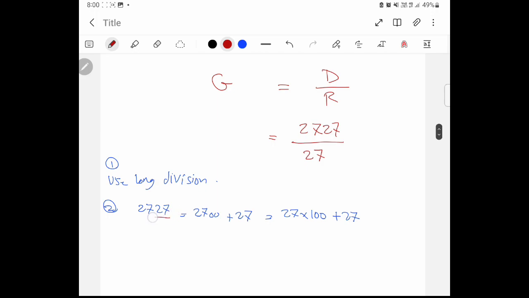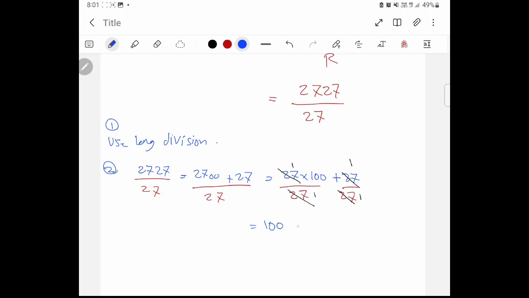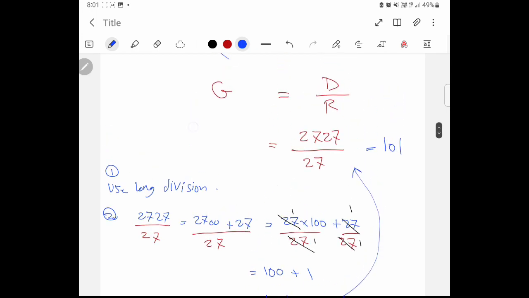So you divide the whole thing by 27 and then use the fraction property to split the denominator, and then you can see that 27 and 27 cancel out, that will be 1, and the answer will be 100 plus 1, which is 101. So this is 101 gallons.